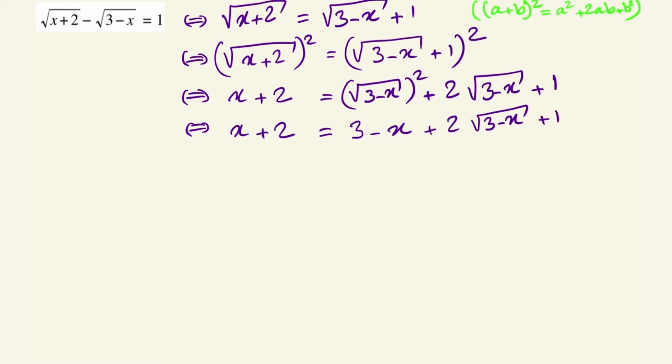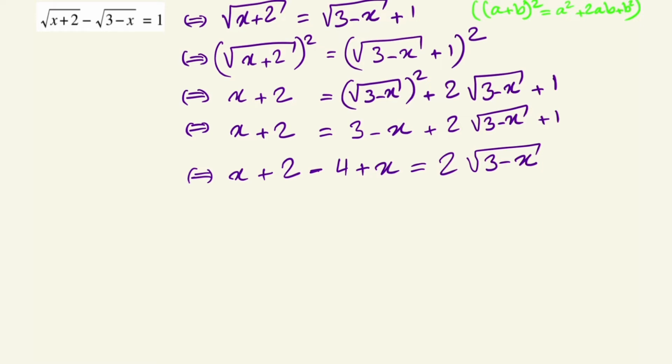What we're going to do now, we're going to move all these numbers that don't have radicals to this side. Not this 2, no, because this 2 belongs to here. So let's do that. We're going to have x plus 2 minus 4 plus x equal to 2 square root of 3 minus x.